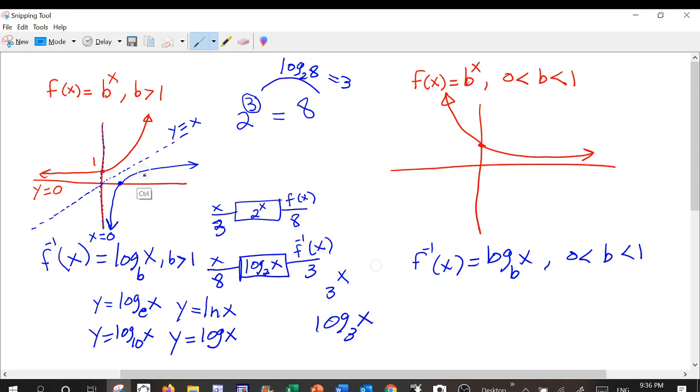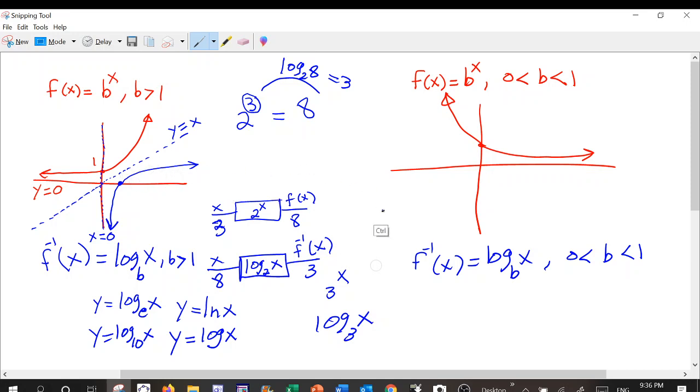So if you want to compare log base 10 with log base e, log base 10 would be lower than log base e, because 10 to x is sharper than e to x. But we're going to see that when we graph them. But this is the graph.